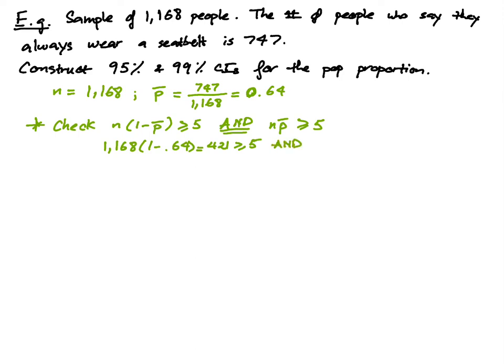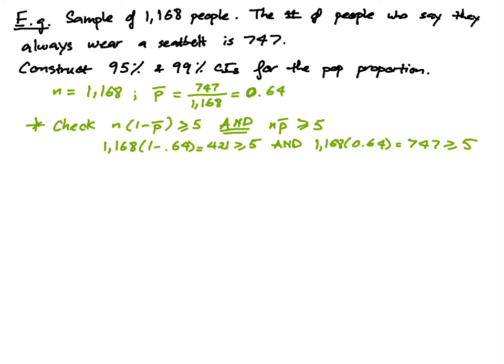And n times p bar is 1,168 times 0.64. That gives us 747, which is also greater than or equal to 5. So we're good.